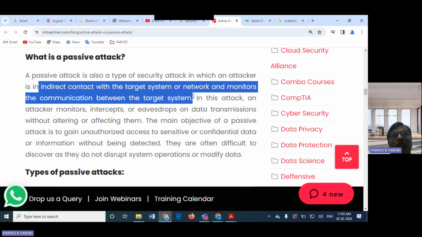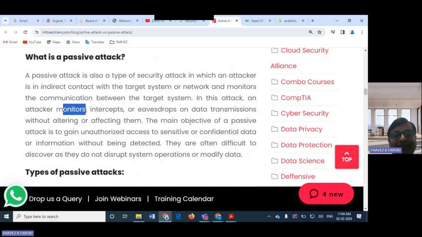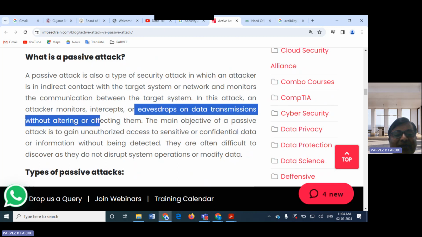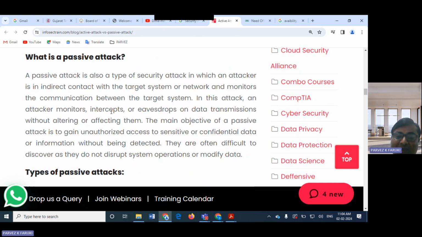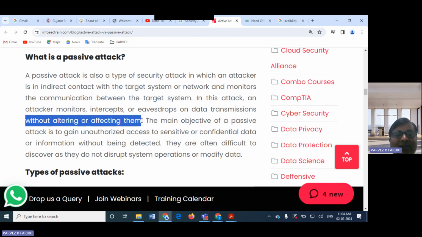So you just need to monitor, you need to remain calm and see what's happening around. You look for chances where you get important information. In this attack, the attacker monitors, intercepts, or eavesdrops on information transmission. Remember, when you are a part of a passive attack, you would not change the information.